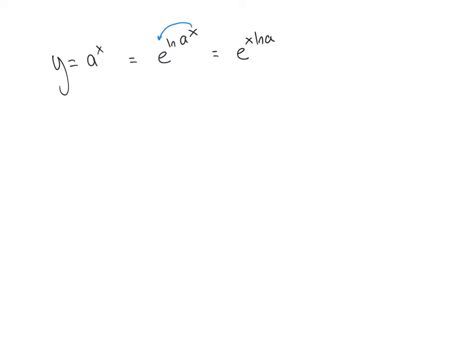Now let's take the derivative. So d dx of a to the x, that means the derivative, equals the derivative of e to the x ln of a. Alright, so we're going to use the chain rule here. So this side's going to be y prime, no problem there. I'm going to use the chain rule. E to the x ln of a, well that's the mom, so nothing happens there.